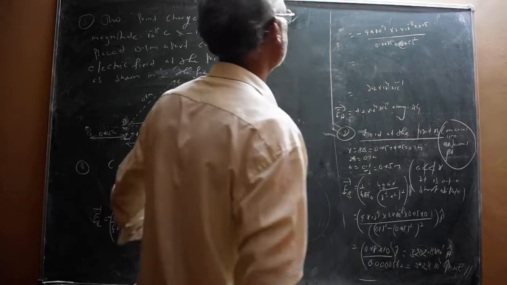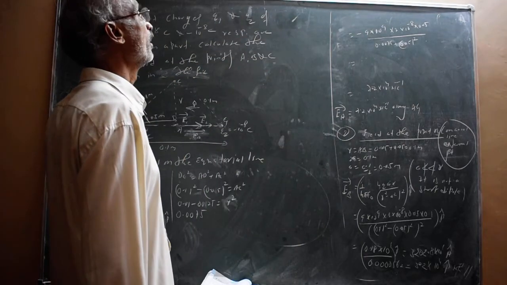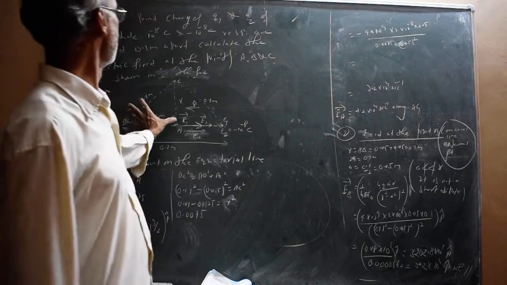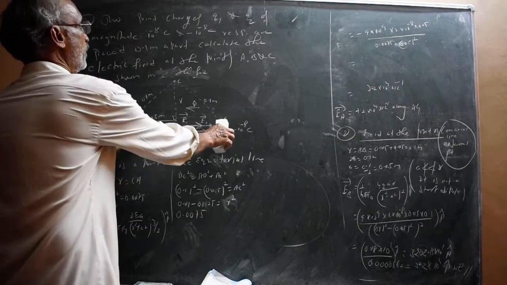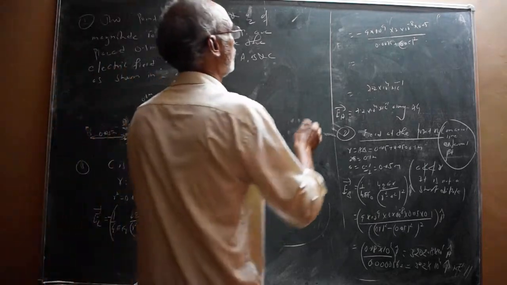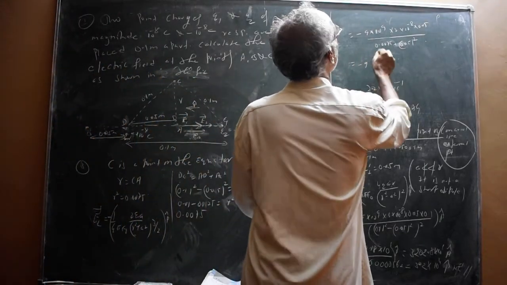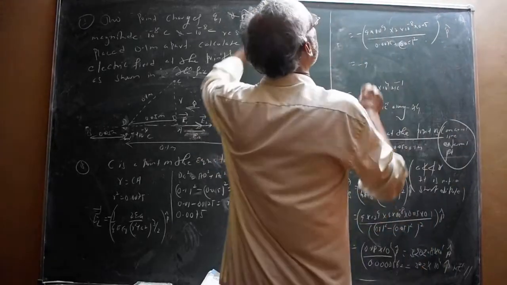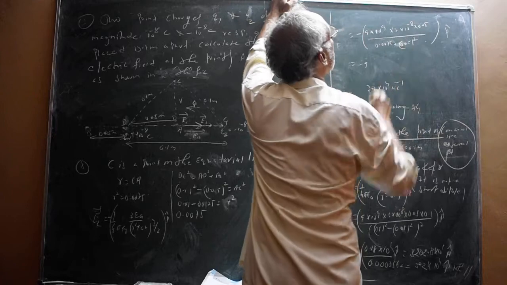Anything missing? 2 times Q is 10 to the power of minus 8. A is 0.05. This is the A. 2A is 0.1 meter, A is 0.05 meter. That equals minus 9 into 18 into 0.05 into P cap.